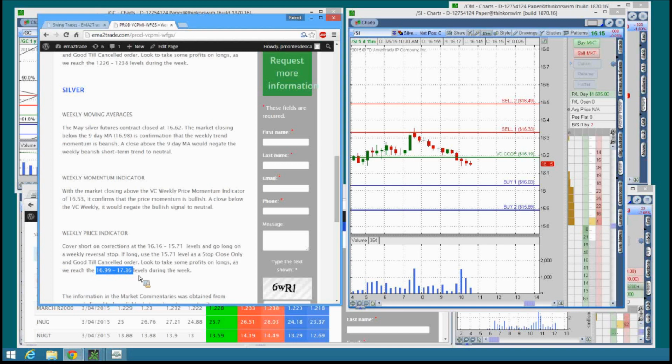If we were to close above 1699, it would ignite a major acceleration to the upside, as the close would be above the 9-day moving average that we use to activate the short-term to intermediate trend.